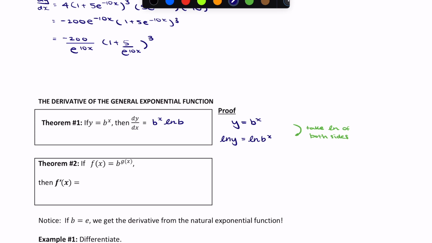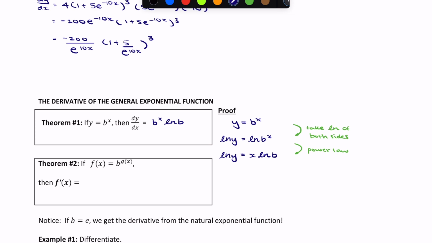And here we know that with the power law, we can bring the x down from the ln b to the power of x. So here we have ln y is equal to x ln b.